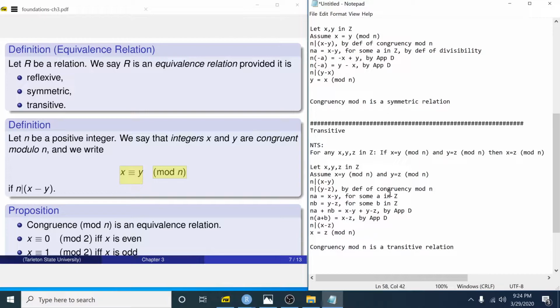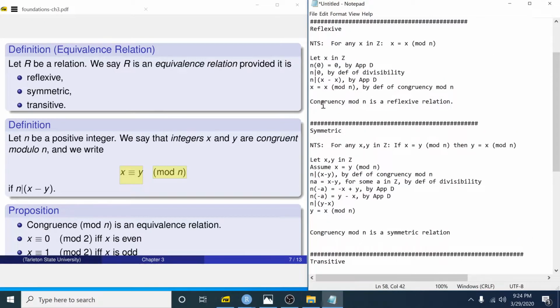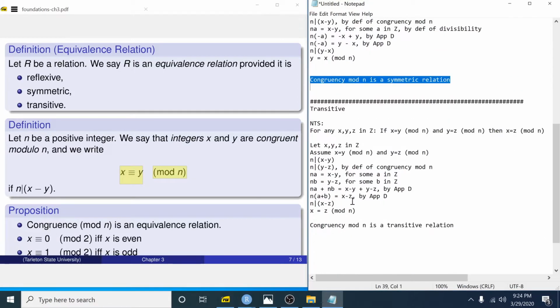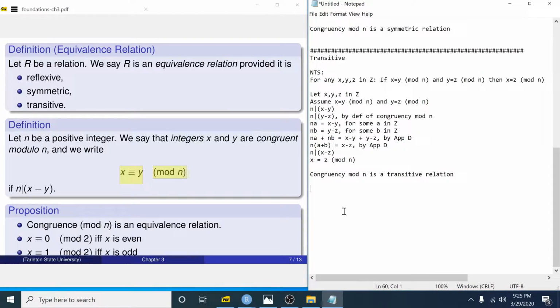And now the overall conclusion that we can draw from all of this is we've shown that congruency mod n is reflexive, congruency mod n is symmetric, and congruency mod n is transitive. Then that means our overall conclusion is that congruency mod n is an equivalence relation. And we are finally done with that proof.